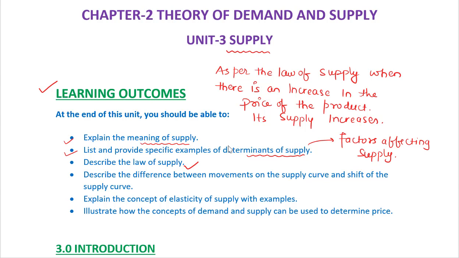Describe the difference between movement on the supply curve and shift in the supply curve. We'll learn the concept of elasticity of supply with numerous examples. We'll illustrate how the concept of demand and supply can be used to determine price of a good.